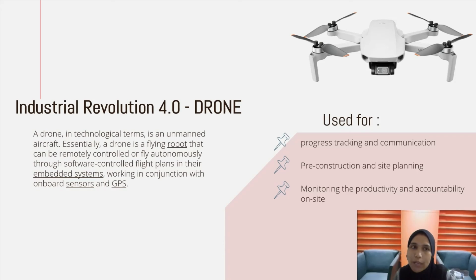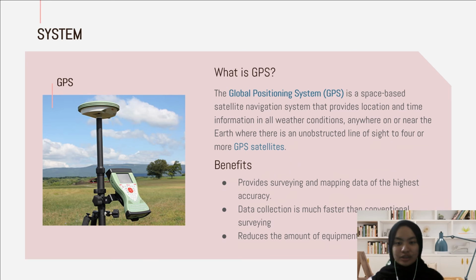my slide to Suhaila. So now we move on to the system used in the surveying field. In the surveying field, we use GPS, also known as Global Positioning System. It is a space-based satellite navigation system that provides location and time information in all weather conditions anywhere on Earth. By using GPS, we can determine the coordinates of a certain part of the Earth.